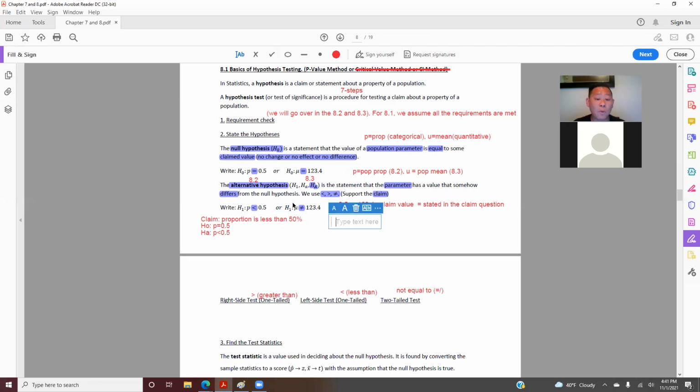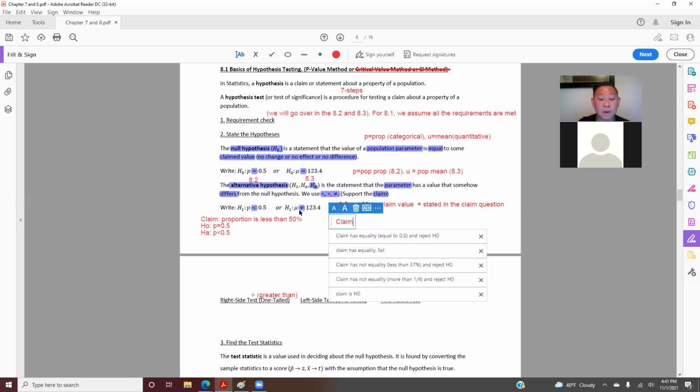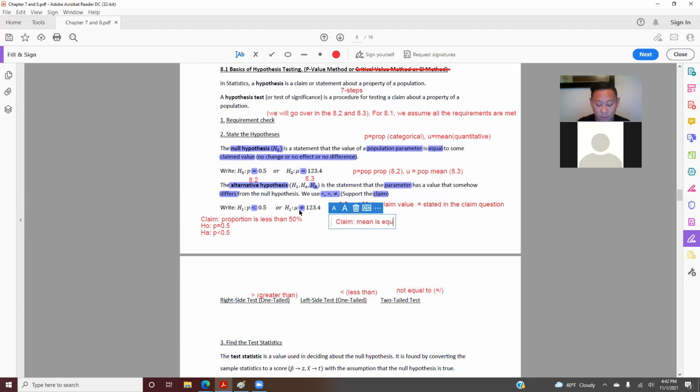If you want this, then the claim statement will say the mean is equal to 123.4. So that is the claim statement: the mean is equal to 123.4. When you have the equal, the H0 in this case is mu equals 123.4, but your alternative hypothesis HA is mu not equal.